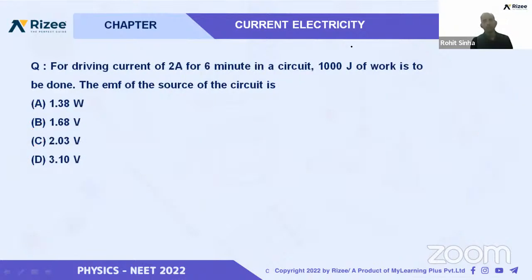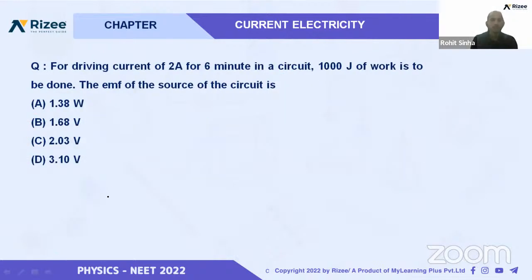Try this question, all of you. I give you 10 seconds. Take 15 seconds and try this question. We have solved this.